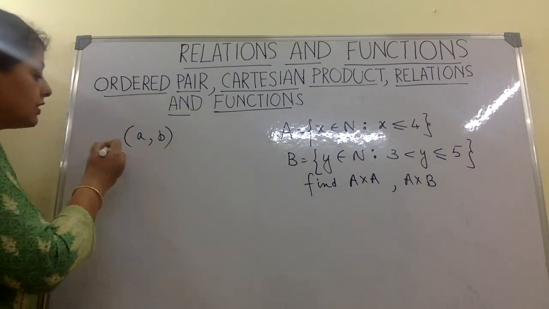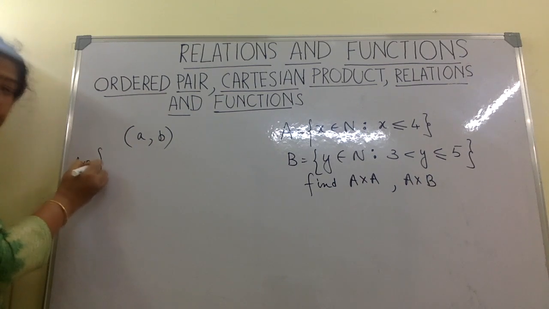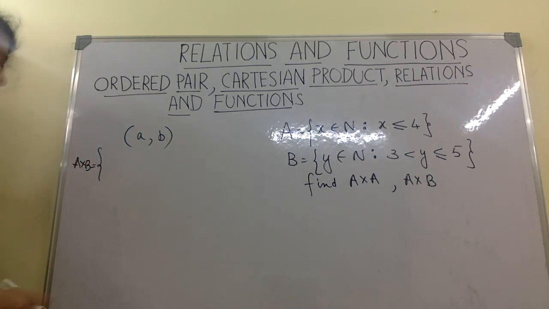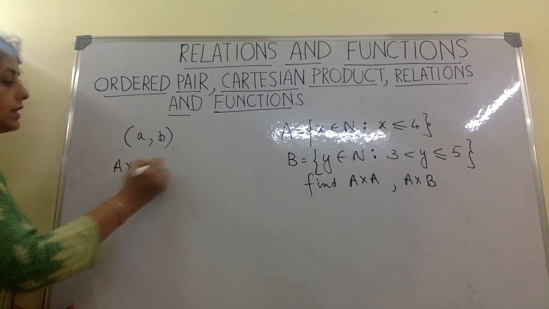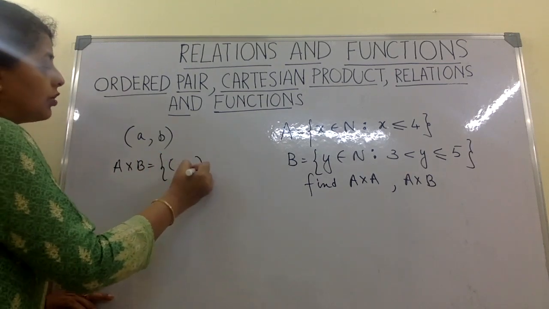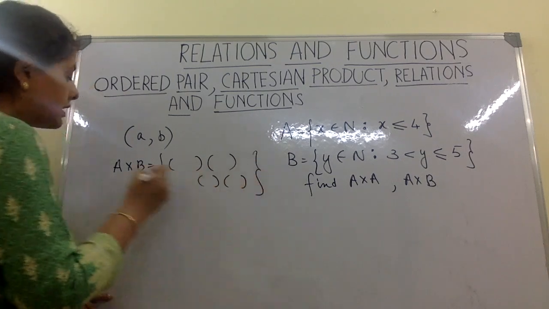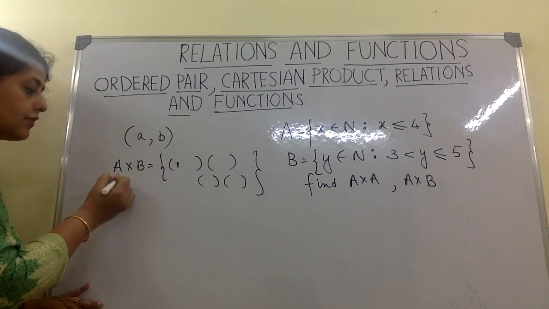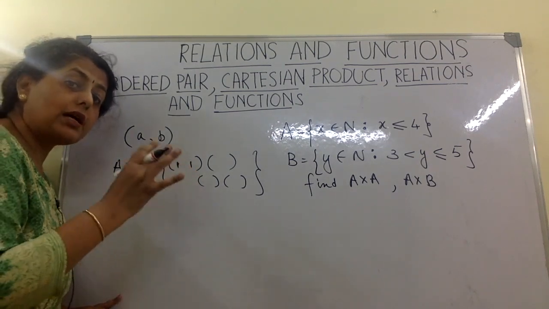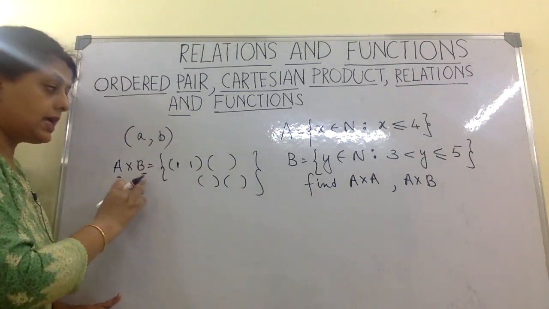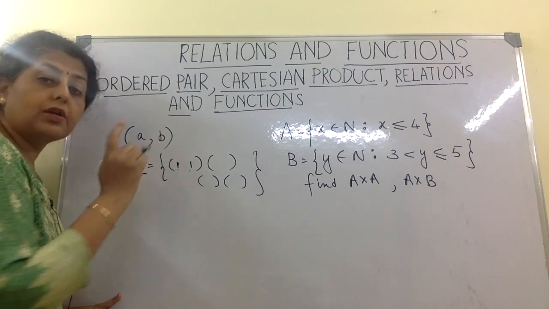Supposing we write A cross B, then we will write different ordered pairs in it. We'll have many ordered pairs in it, and in each one the first element will be taken from A and the second element will be taken from B. So we know ordered pairs now. Now in the Cartesian product between two sets A and B, the first element will come from set A, and the second element will come from set B.